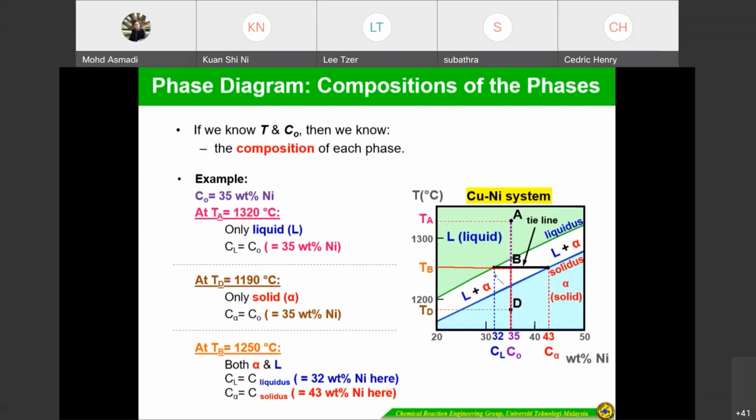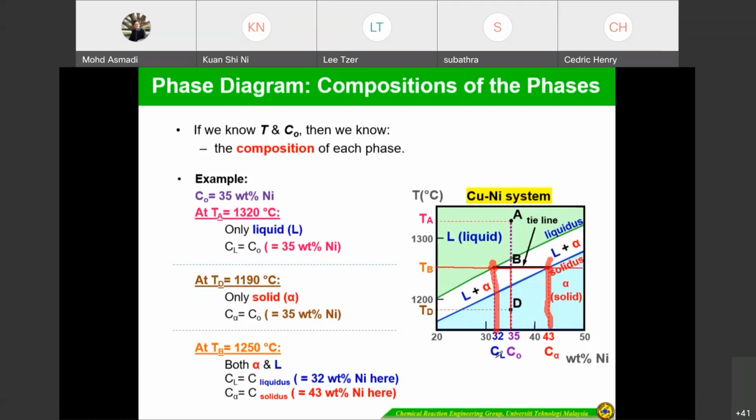But what is the composition? Just extend the line. Since this is liquid, it touches the liquidus line; just draw the vertical. For the solidus, draw the line.